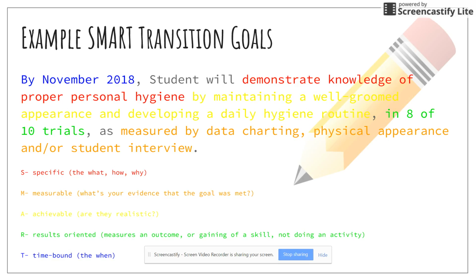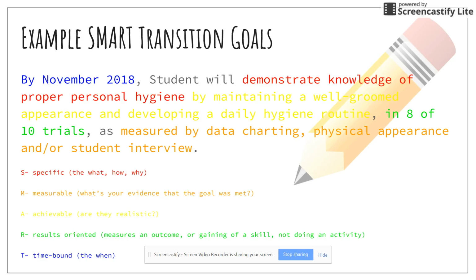Those 3 techniques will show how that student met the goal. How can you measure it? How do you know he met it? You'll review his personal hygiene by data charting, by observation, by discussing this with them.